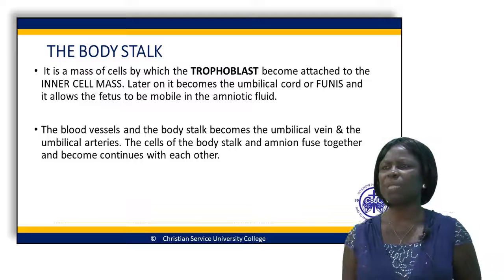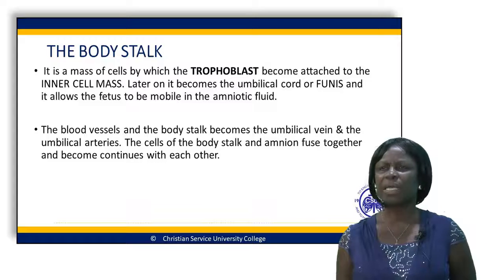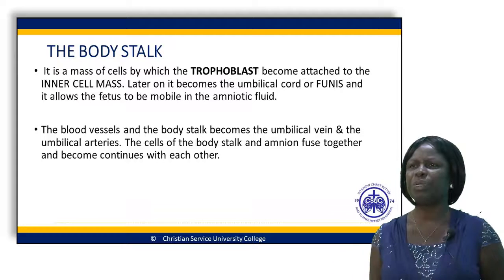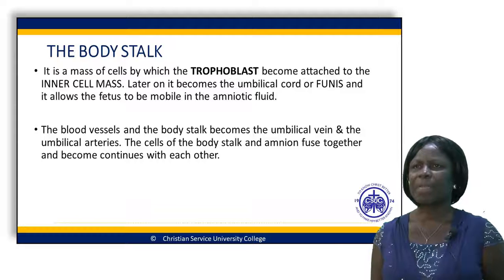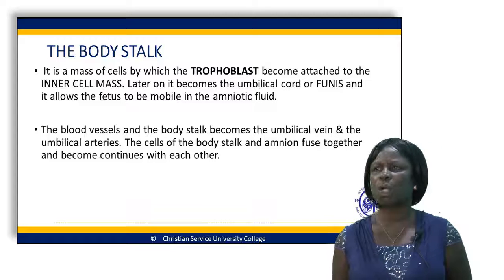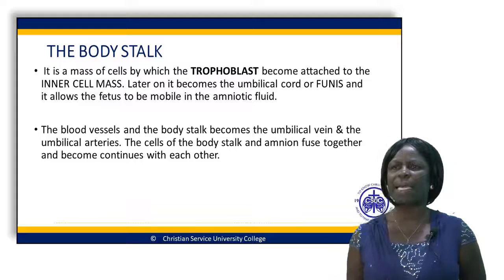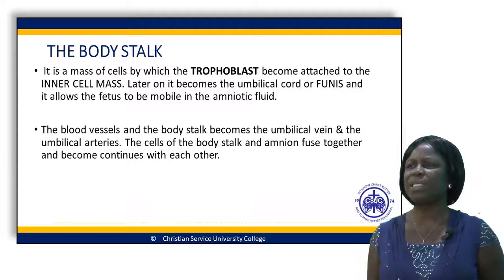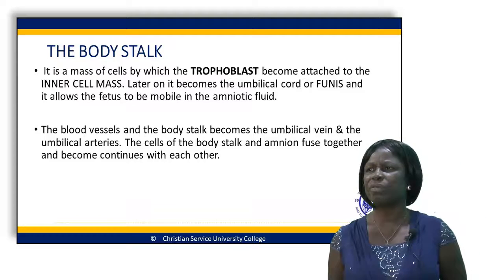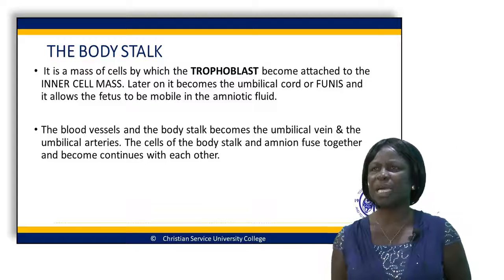Later on, it becomes the umbilical cord or funis, and it allows the fetus to be mobile in the amniotic fluid. The blood vessels in the body stalk become the umbilical vein and the umbilical arteries. The cells of the body stalk and amnion fuse together and become continuous with each other.